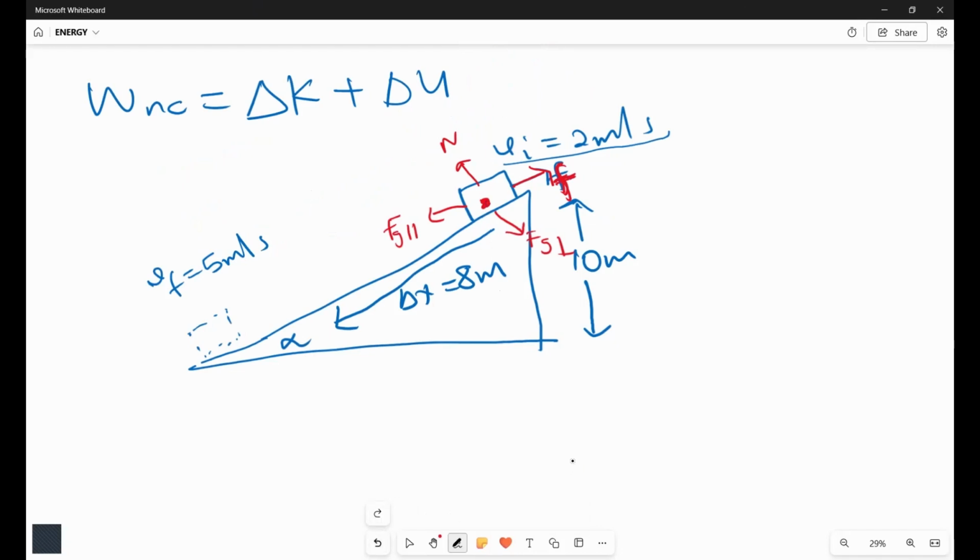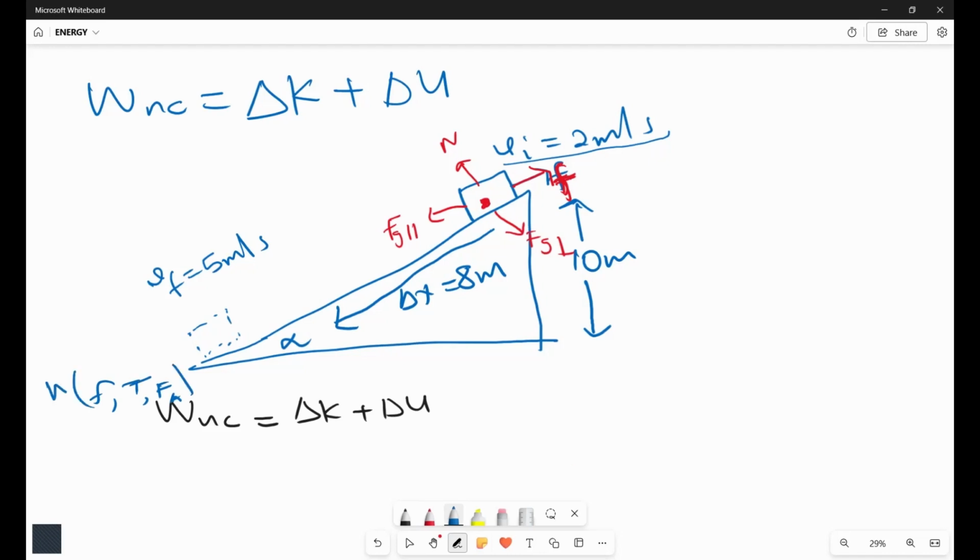Now, when I do the work done by non-conservative forces, this is interesting. What are non-conservative forces? It can only be friction, tension, and applied force.